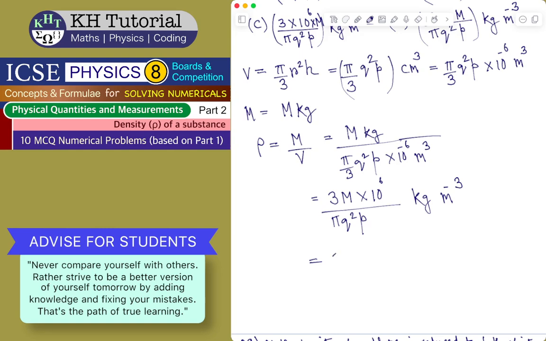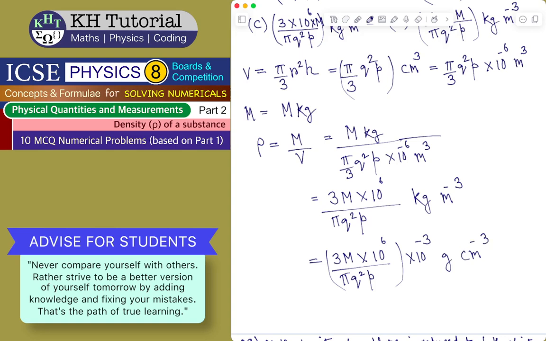So we have 3M, 10 to the power 6 divided by pi q square p, multiplied by 10 to the power minus 3, and the unit we will get is gram per centimeter cube.